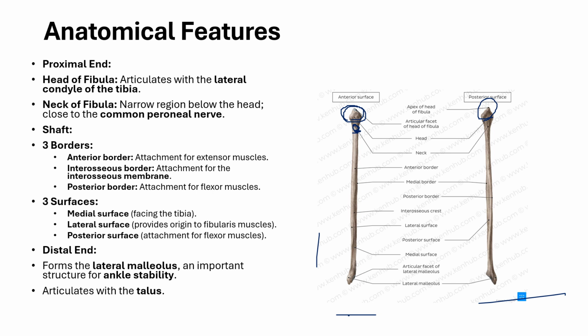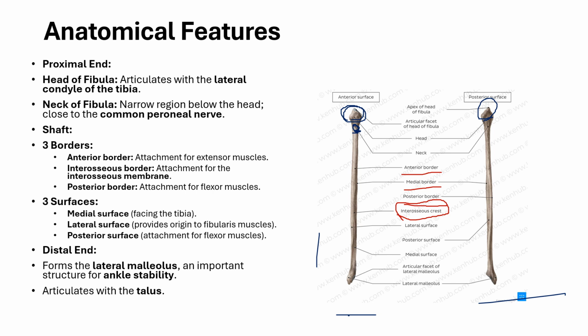The shaft of the fibula has three borders. As we come below, we find an anterior border, a medial border and a posterior border, and there is a prominent landmark, the interosseous crest, which is visible only on the anterior border or anterior surface.